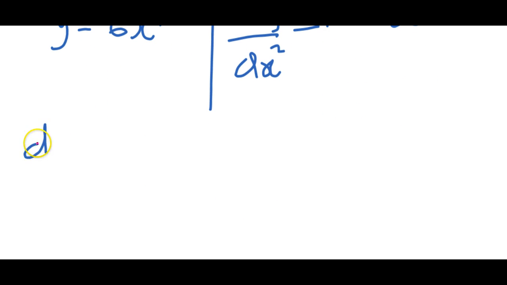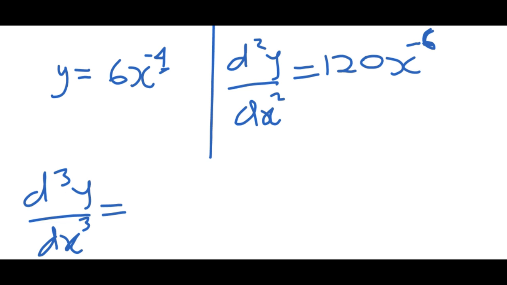The third derivative would be d³y/dx³, and we are going to multiply 6 times 120, and that will be negative. Remember that we have negative, so 6 times 120 is 720. x to the power negative 7, because it will still be minus 1 again.